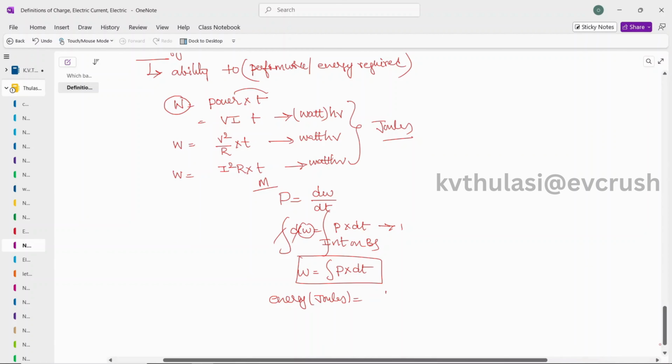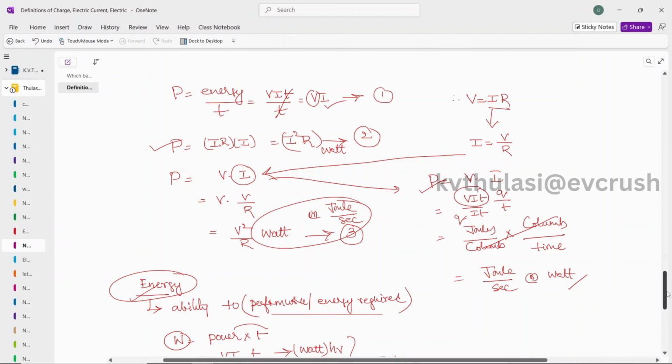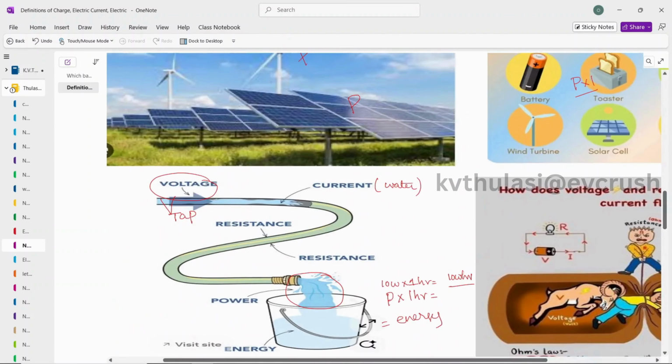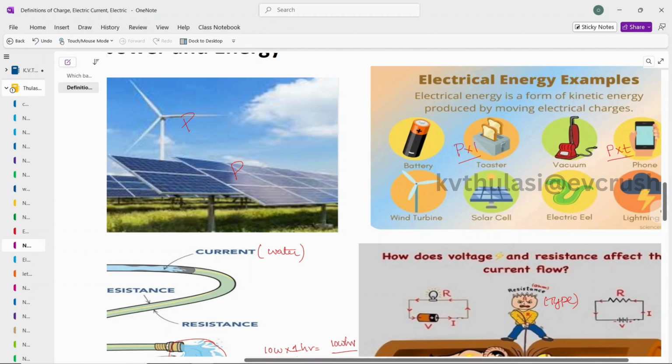Very simple to understand. Energy is nothing but the ability to perform work, or the product of power into time. This, the energy required in electricity, is called energy. So you can see examples of energy consumed by multiple components. Let us take the mobile phone. The mobile phone is operated at 20 watts for 1 hour.